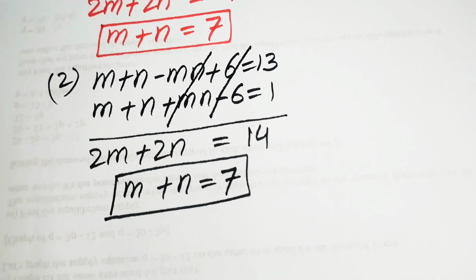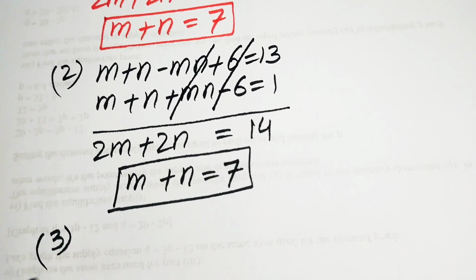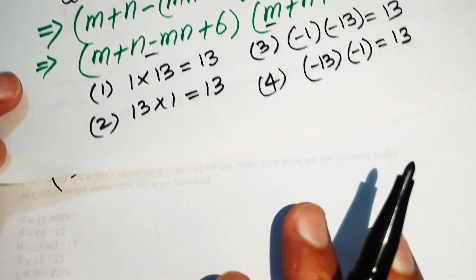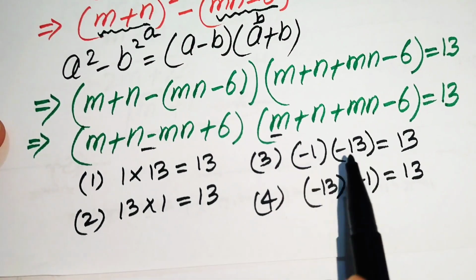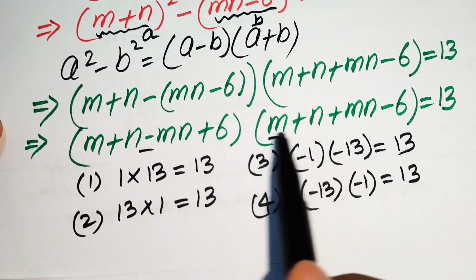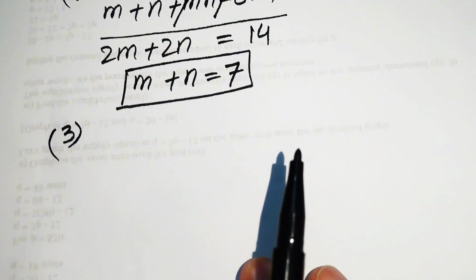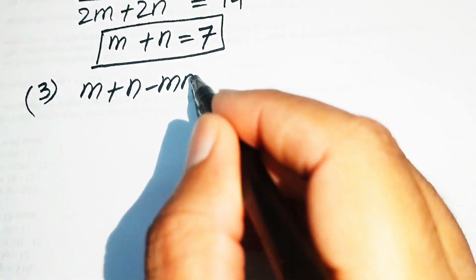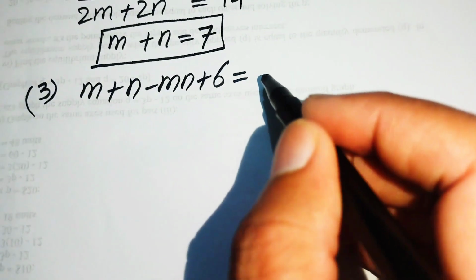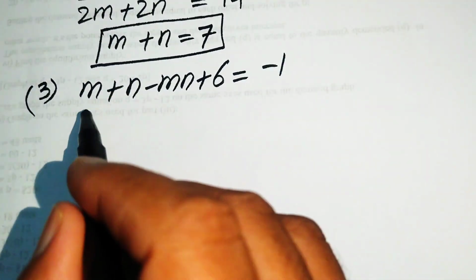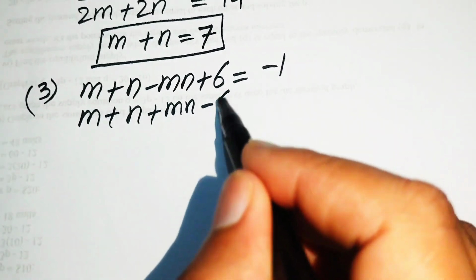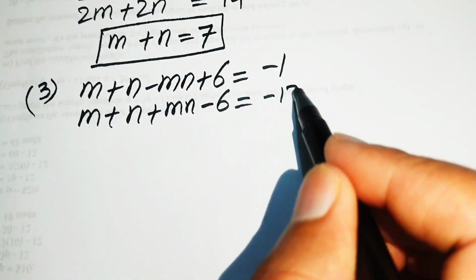So now similarly we move towards our case number 3. In the third case you see we have the values of the two numbers as minus 1 and minus 13. So now we compare these two factors with minus 1 and minus 13, and here we get m plus n minus mn plus 6 equals minus 1, and m plus n plus mn minus 6 equals minus 13.